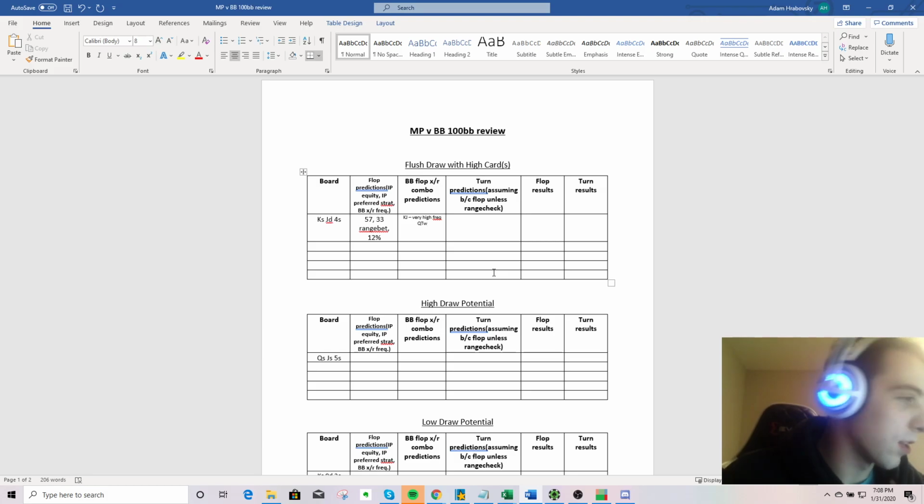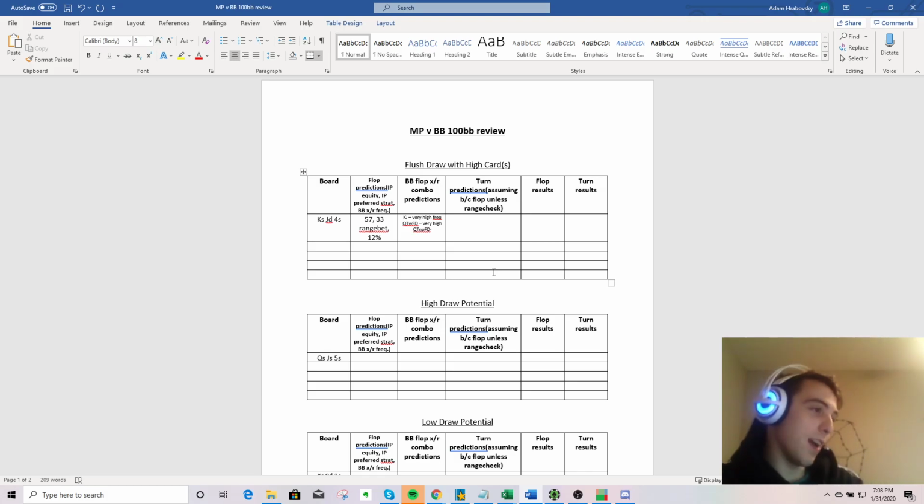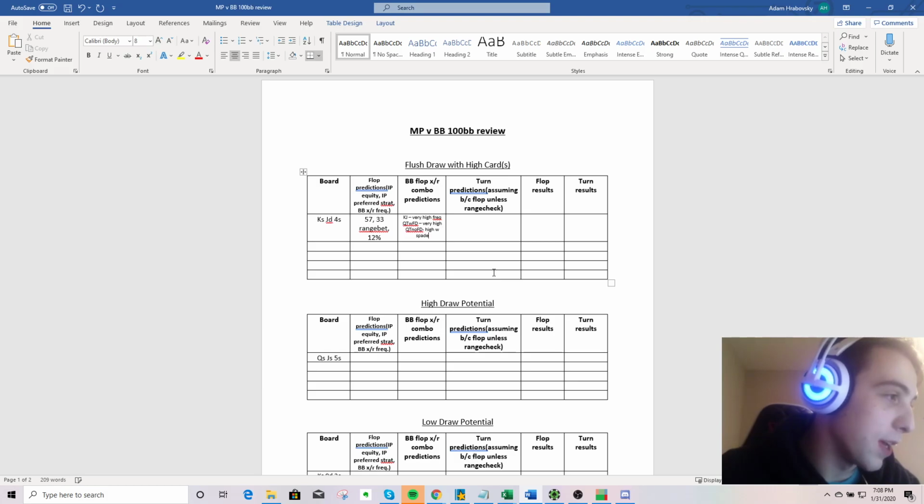Queen 10 with flush draw is going to be very high. Queen 10 no flush draw is going to be at some frequency. With a spade, I'm assuming it's going to be the highest frequency raise. So we'll just say high with spade.